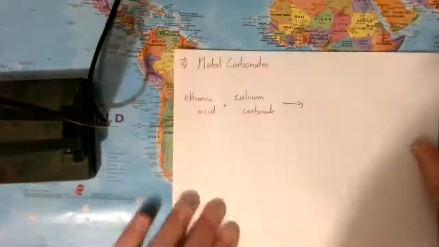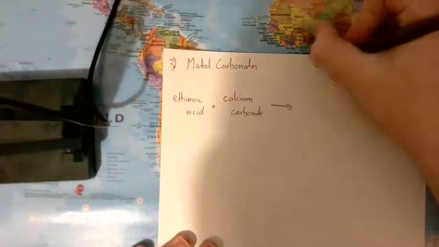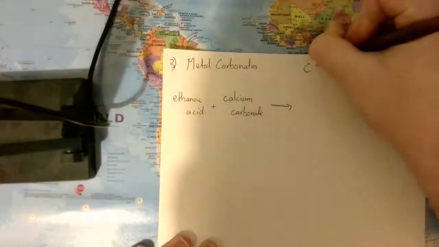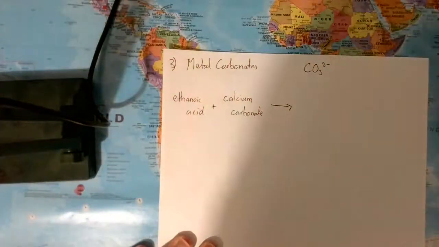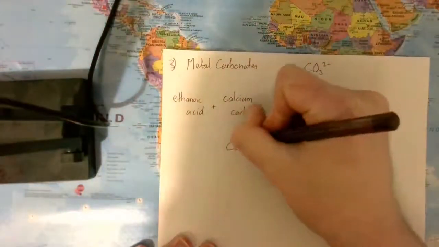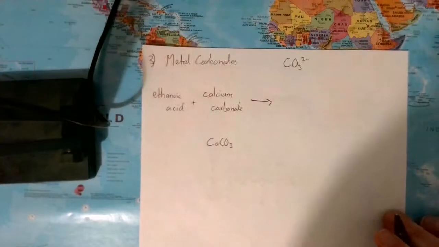Right, the third reaction series that you need to know about is metal carbonates. Carbonates are CO3 2 minus ions. So the formula of calcium carbonate would be CaCO3. You don't have to do balanced equations for these.